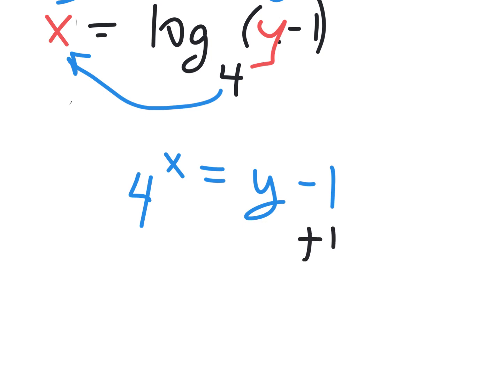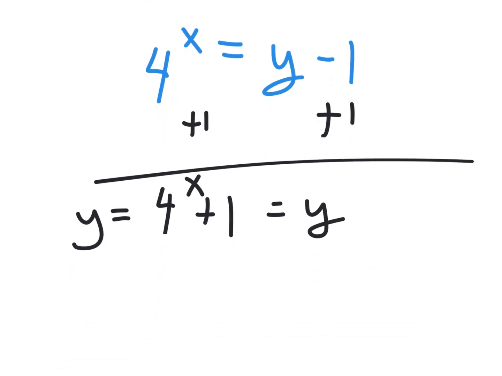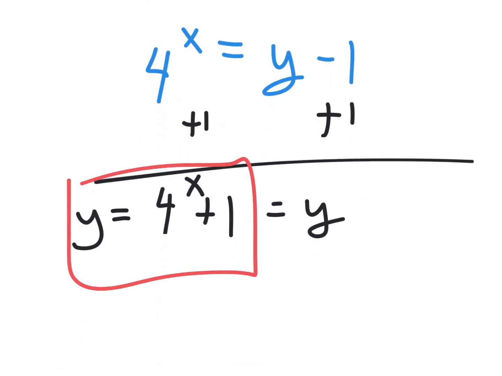Add 1 on both sides. 4 to the x plus 1. And I like my y equals to be on the left. You can do that. It's no big deal. It was technically here, but you can obviously put it on the other side. This looks more logical to me. There it is. There's my inverse. See how that's pretty easy? Swap x and y. Solve it by rewriting it. Cool. Now you know everything.